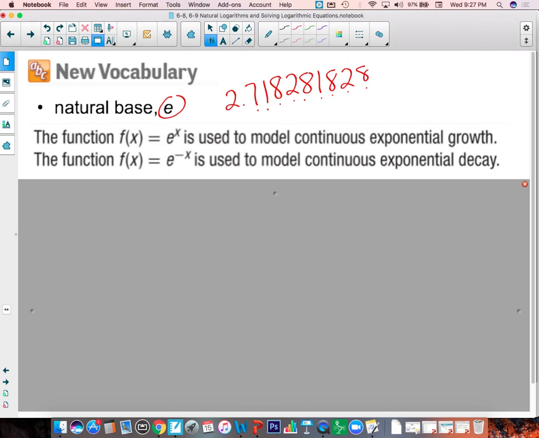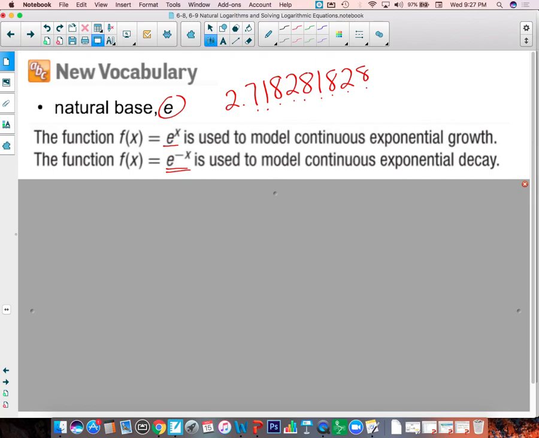Okay, so now I'm going to show you a couple graphs here. We actually can use e to the x, which that's actually a button on your calculator, or e to the negative x, and it gives us a growth function. Okay? If we have a negative exponent for this one, like e to the negative x right here, then that is a decay function.